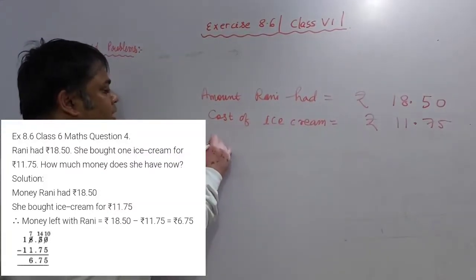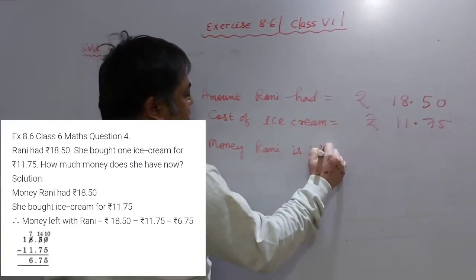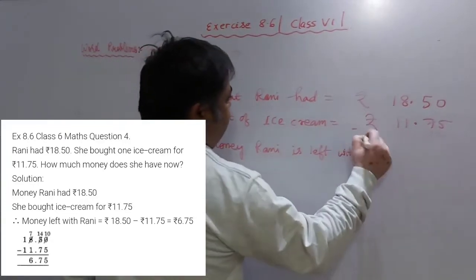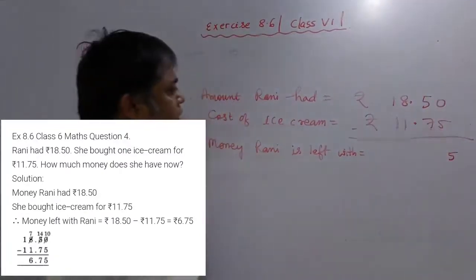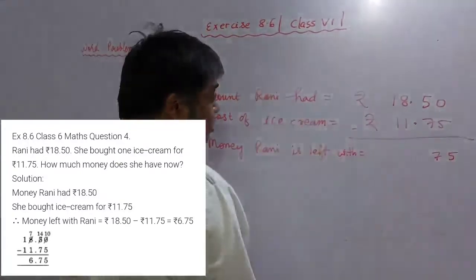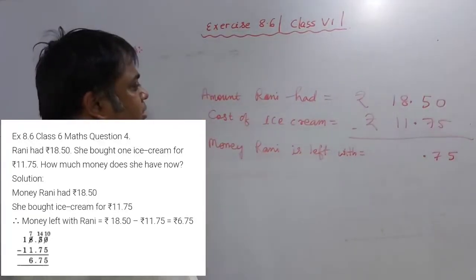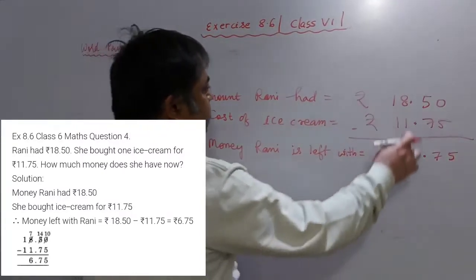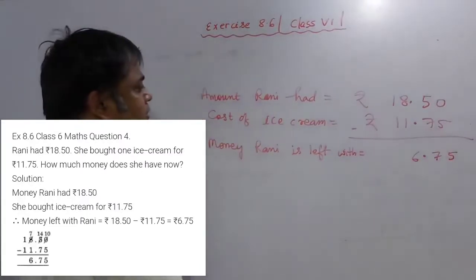So money Rani is left with is equal to minus, this will become 5 and this is 4, so 14 minus 7 is equal to 7 and this becomes 7 minus 1 is 6 and 0.